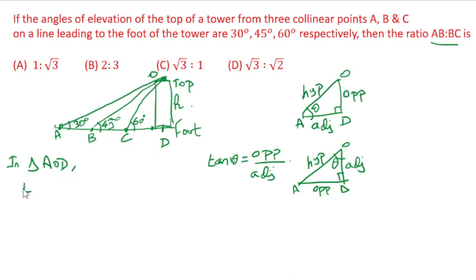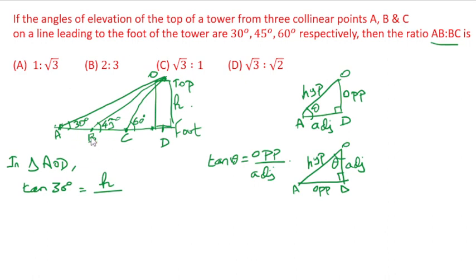So here tan theta is 30 degree, which equals the opposite side of the triangle, which is just the height of the tower, h, over the adjacent side, which is the distance from the point A to the foot of the tower.